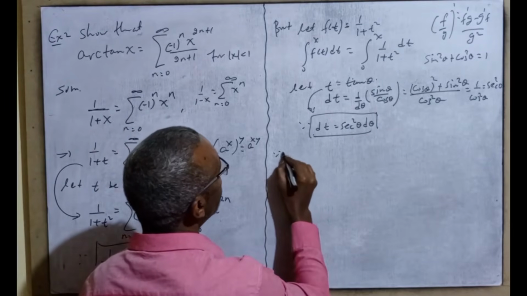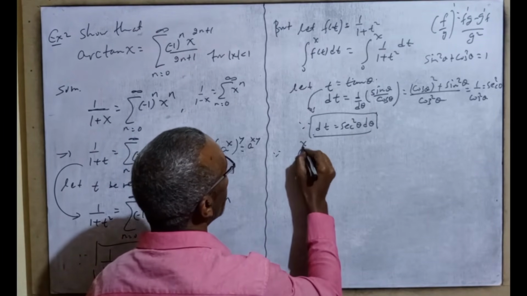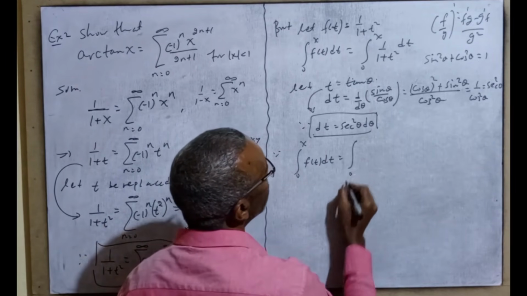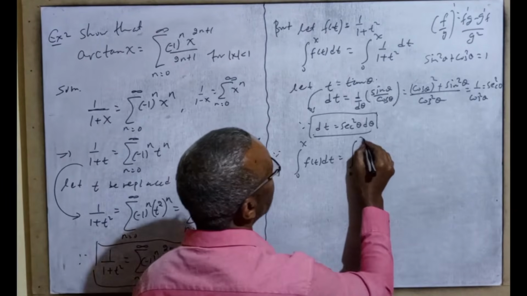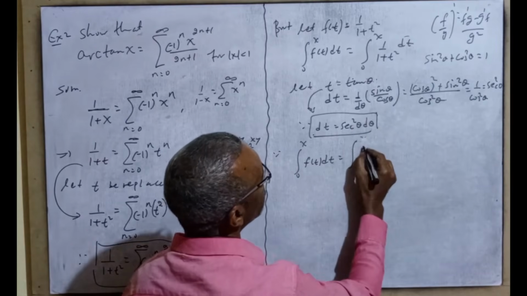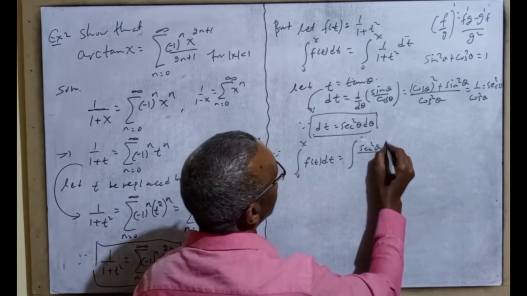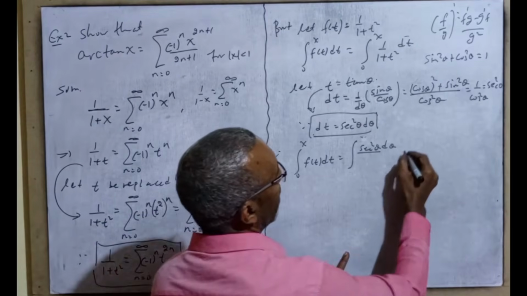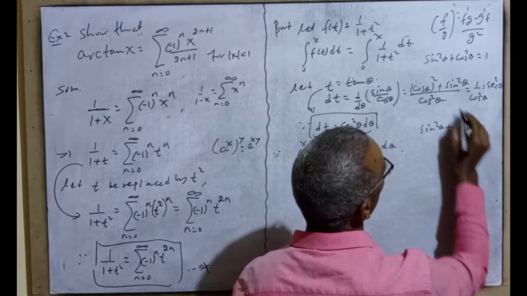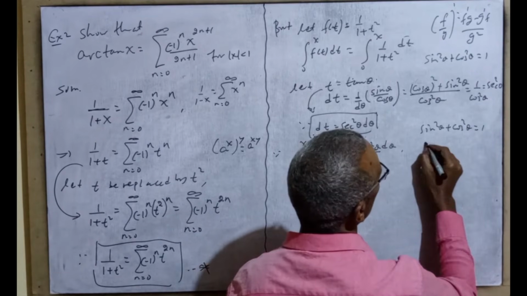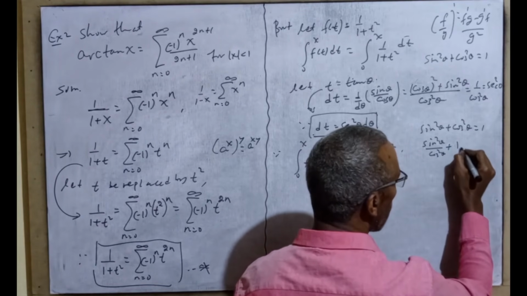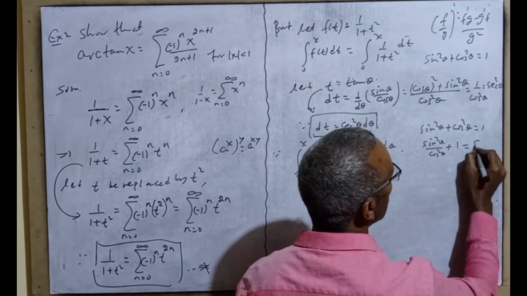Therefore the integral from 0 to x of f of t dt is the integral from 0 to x of sec square theta d theta divided by 1 plus t square. The identity sin square theta plus cos square theta is equal to 1, dividing by cos square theta, gives sin square theta over cos square theta plus cos square theta over cos square theta, which is 1, equal to 1 over cos square theta, which is sec square theta.